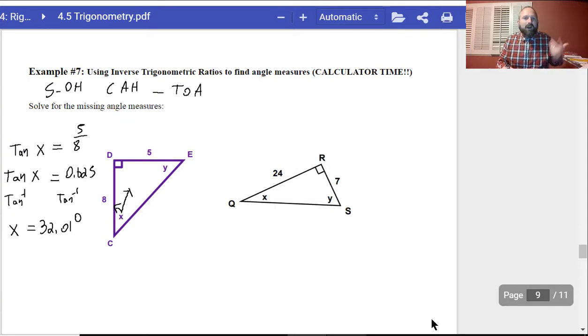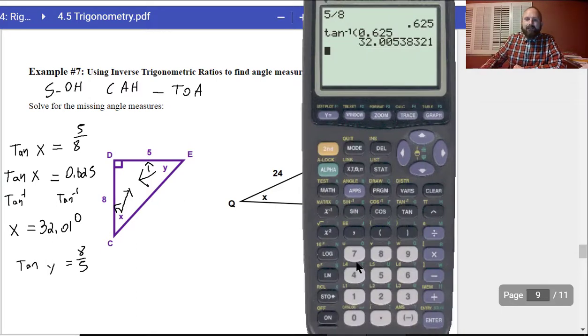Now let's do the y. Once again, it's going to be the opposite over the adjacent, so it's going to be the tangent again. So the tangent of y would be 8 over 5. I do the exact same thing. Instead, I divide 8 divided by 5 instead of the other one. I get 1.6.